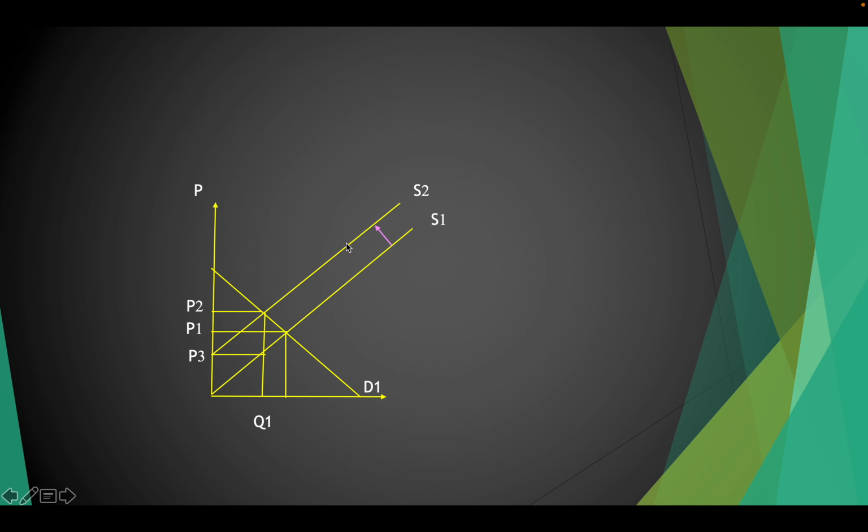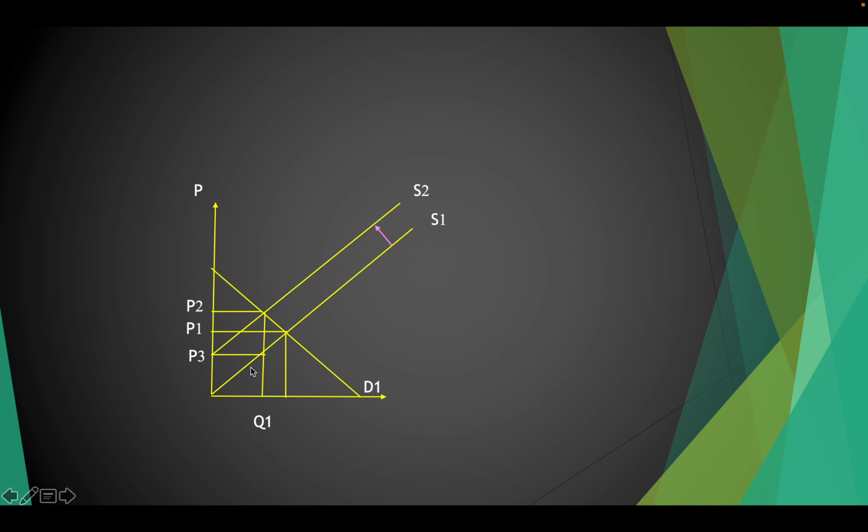That is the unit tax. So, before the tax, the equilibrium price is P1 and the equilibrium quantity you can see here. Then the supply curve shifts leftward. After that, the equilibrium price is P2 and the equilibrium quantity is Q1. You should have the tax.